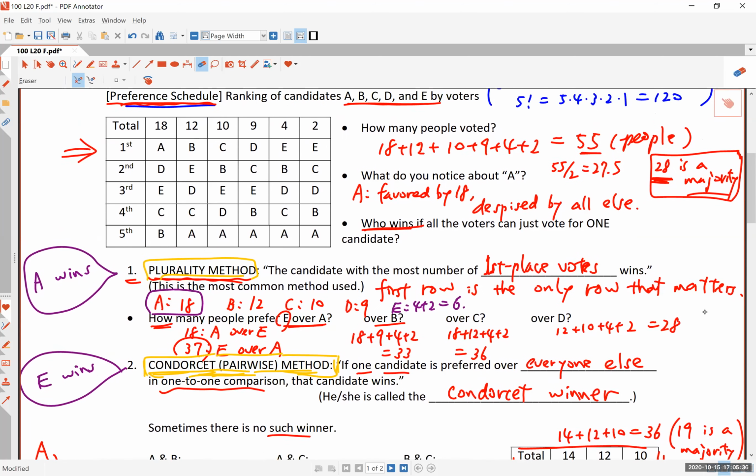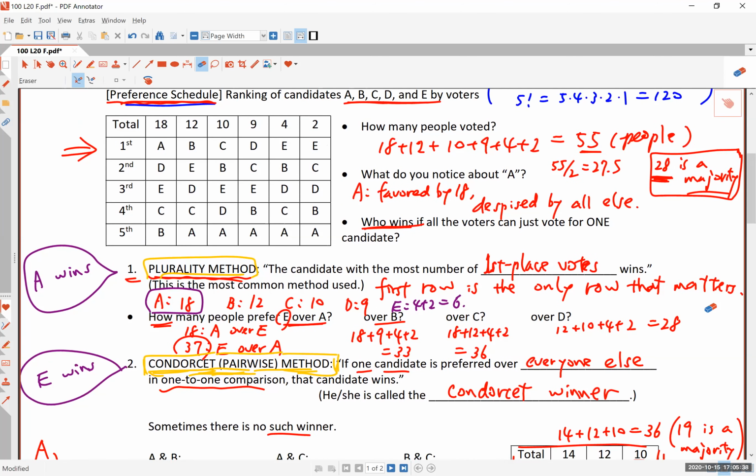Okay, so going back to the very first preference schedule we looked at, right? Remember under the plurality method, I asked this question: for each candidate, how many people put that candidate as the first place choice? And I said A, you have 18 people voting A as number 1, and 12 people voting B as number 1, and 10 people voting C as number 1, and so on.